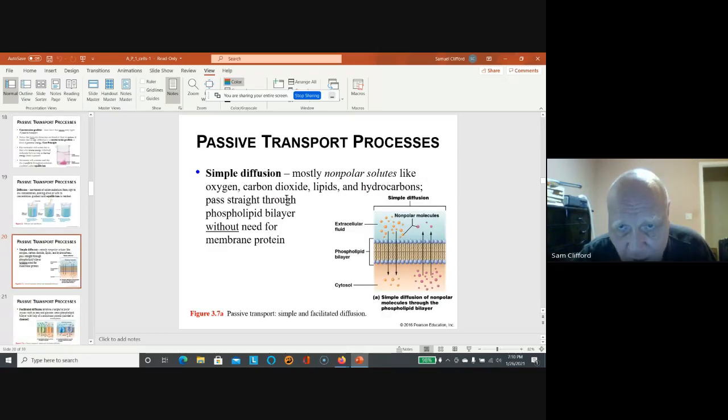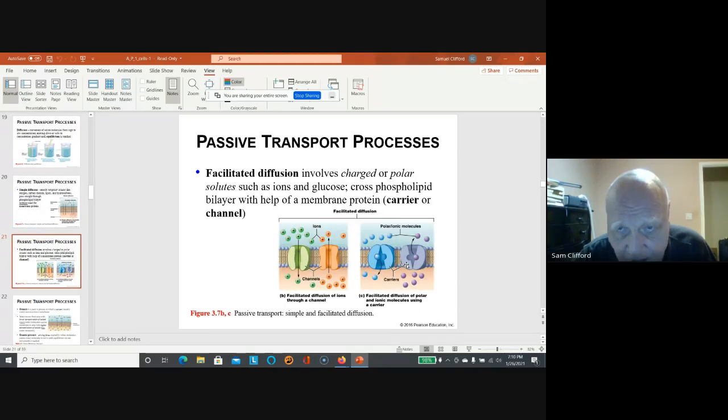So oxygen, carbon dioxide, lipids, and hydrocarbons go right through the membrane. Facilitated diffusion means there's a special channel to let substances go from a high concentration to a low concentration.